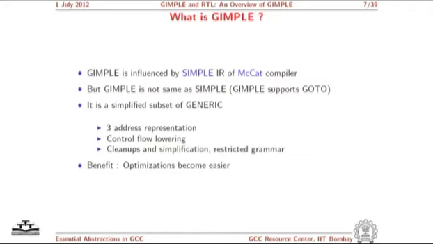So, Gimple is essentially an outcome of this work for a simple IR on the work done at McGill University. They first defined an IR and called it simple, then they extended it to Java, so they called it Gimple with a J. So, GNU folks picked it up and they converted J to G, G for GNU, and that is why it is called Gimple. Okay.